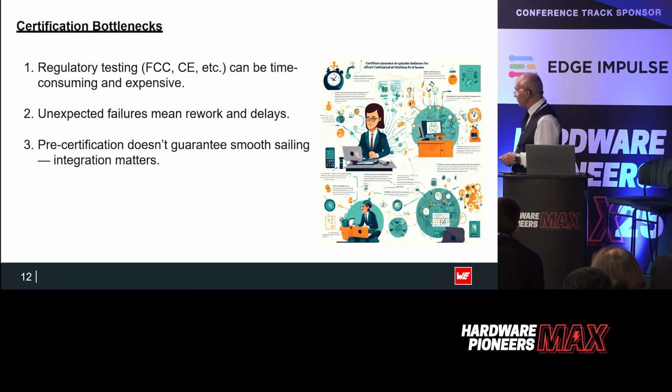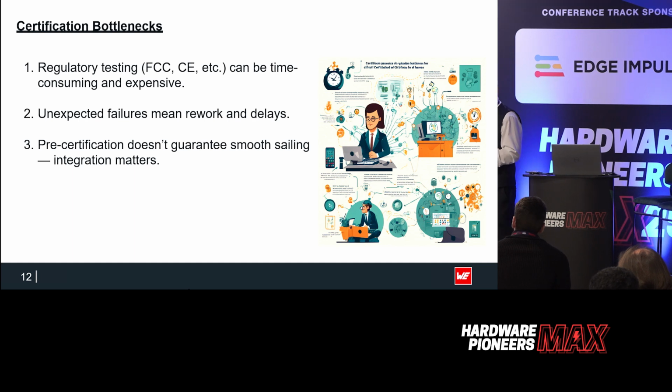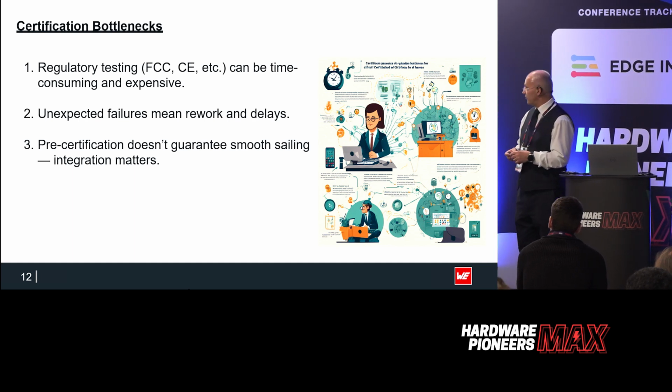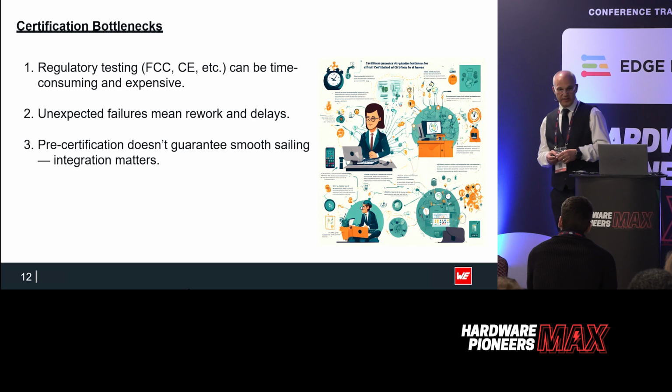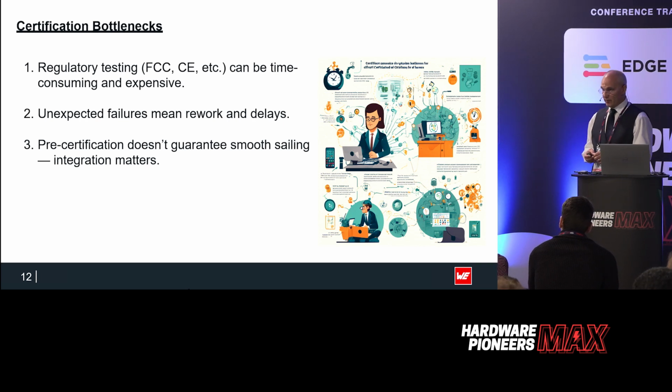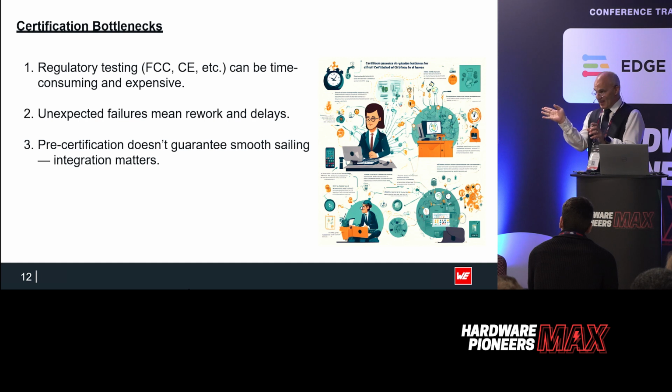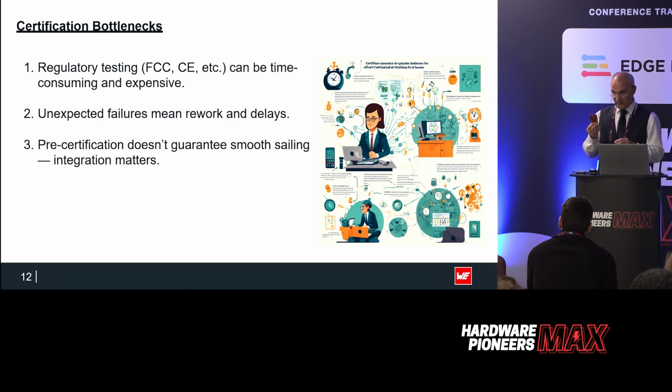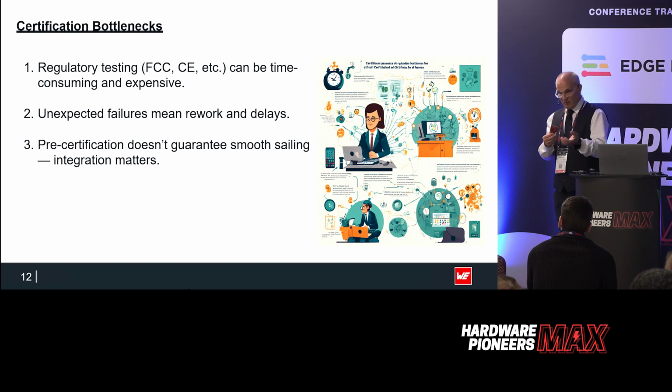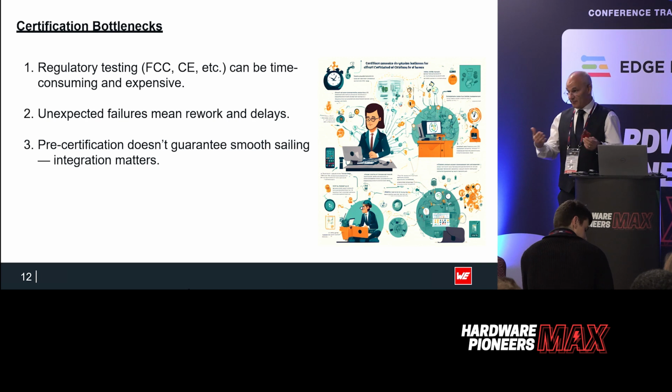So we then come on to the bottleneck: certification. Taking something through radio testing can be quite expensive. It takes a lot of time because we have to test at every degree, angle, vertical, horizontal. Test firmware to transmit at full power all the time would have to be written in there.